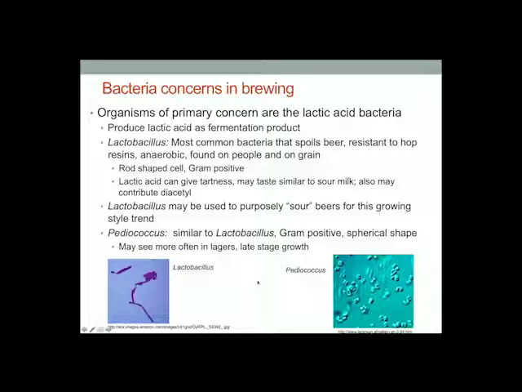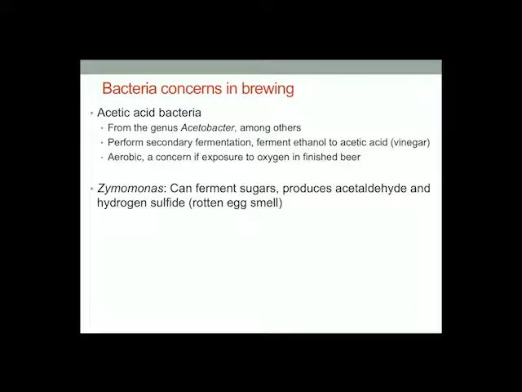We can also have a problem from acetic acid bacteria. These are not directly related to the lactic acid bacteria. They're from a different genus, many from the genus Acetobacter. And these are a problem if you have oxygen in your finished beer. What can happen is that the acetic acid bacteria can perform a secondary fermentation.